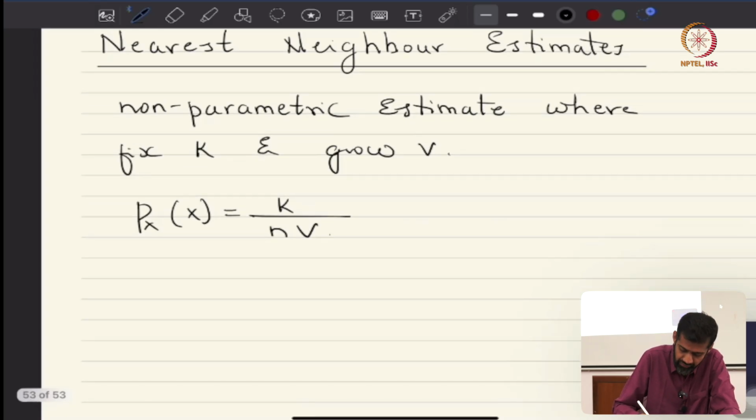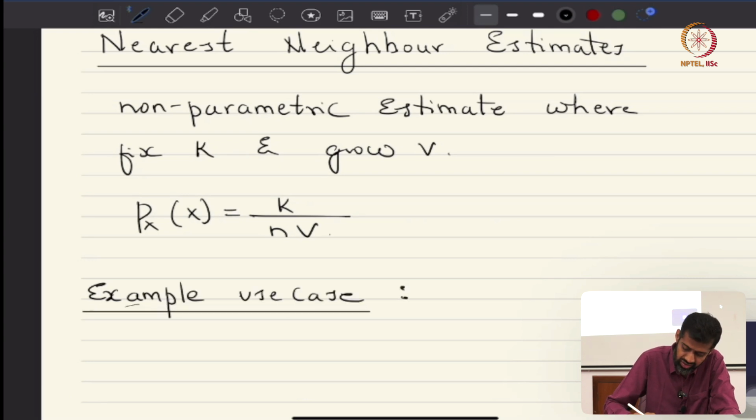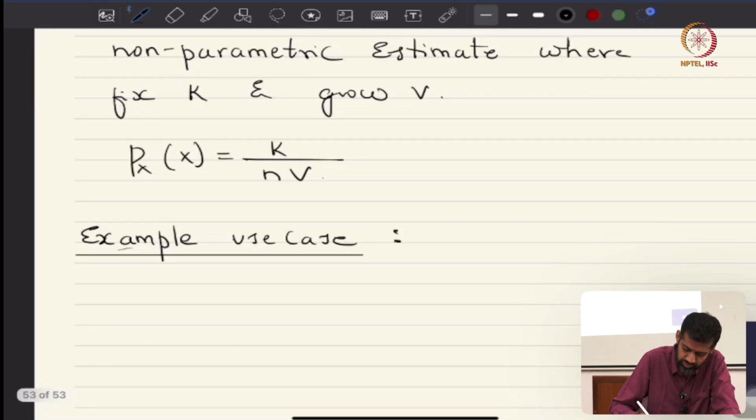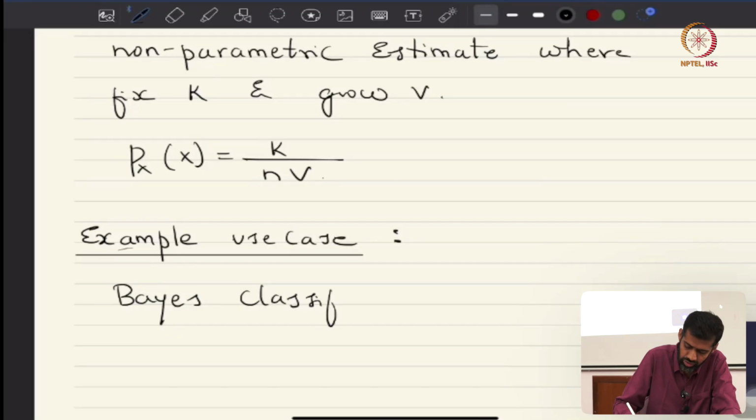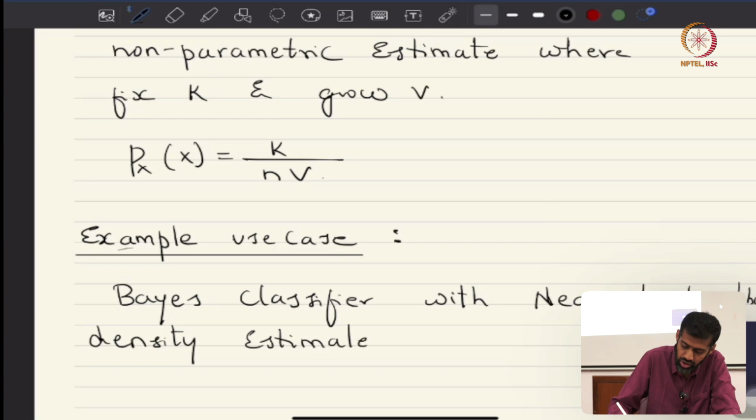Example use case: let us construct a Bayes classifier with nearest neighbor density estimate for the class conditional density P(x given y).